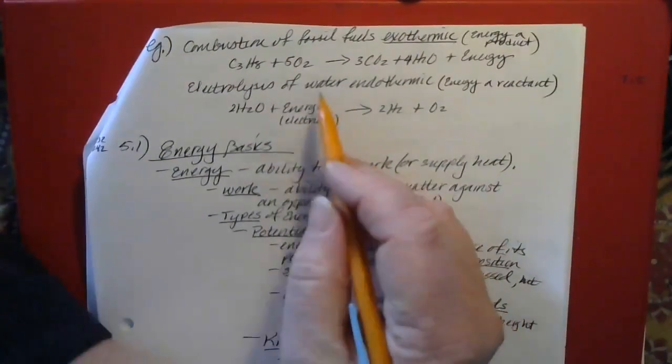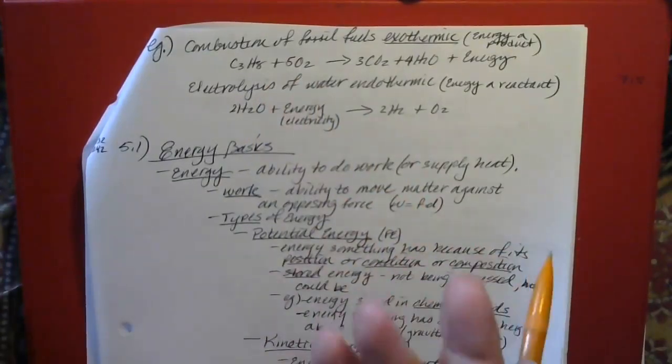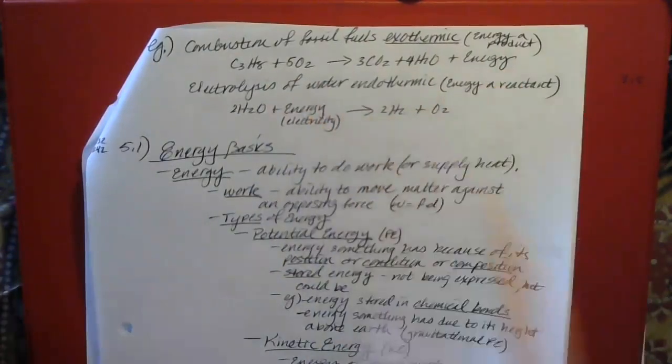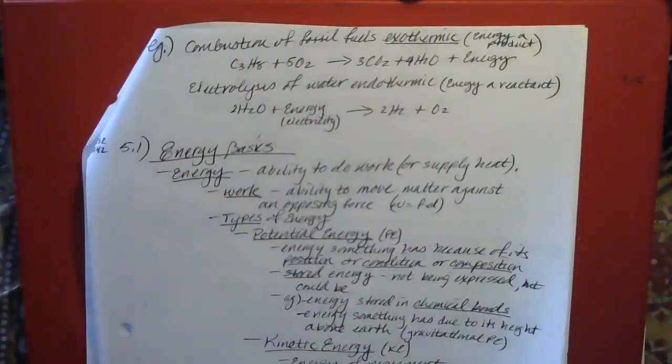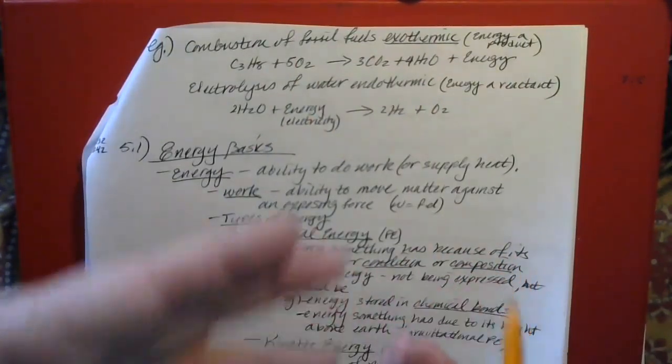Okay, we as chemists are more interested in the molecules, the reactants, and the products. And so we don't usually write in the word energy. But for illustration purposes, in this chapter, we often will write in the energy, just to show you where it is.